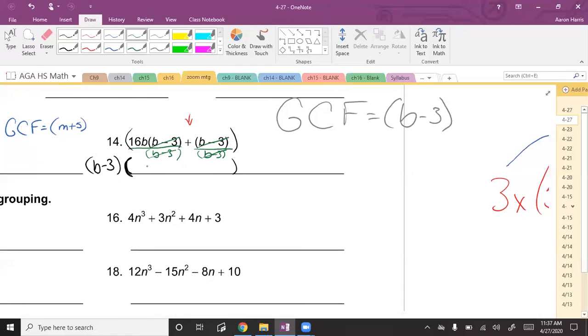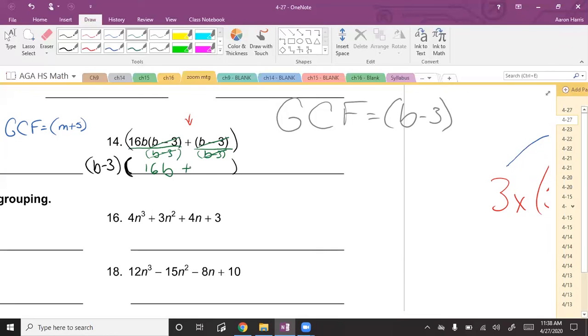I got 16B on this side. What's left on the right side? The addition sign. And what? What's 4 divided by 4? 1.